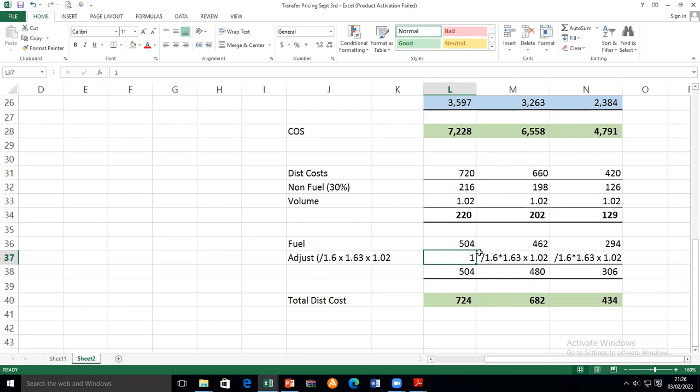Let me just check which figure I picked for 504. Less that. So I missed that one. You are right. So we're supposed to multiply this one. For the levy, there was nothing. And this one, 1.02. Okay, there we are.